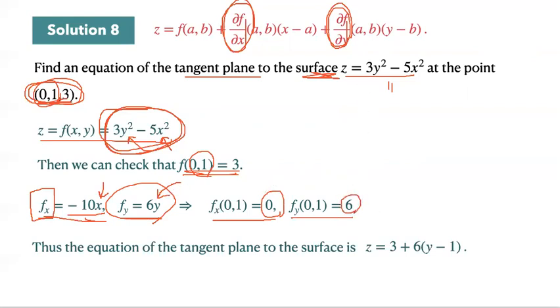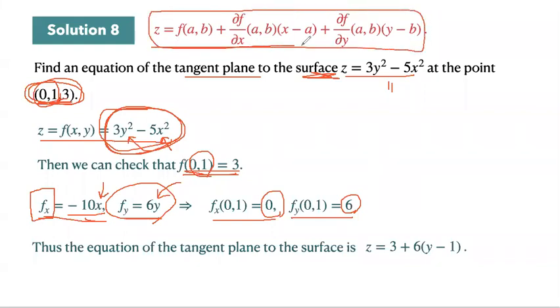So in the formula here, we know that df dx at a comma b is just 0. And df dy here, we calculated, is 6. So we can say 6 times y minus b, where b is 1, because the point is 0, 1.